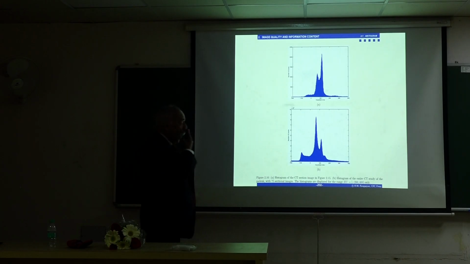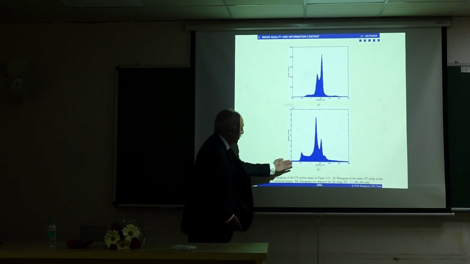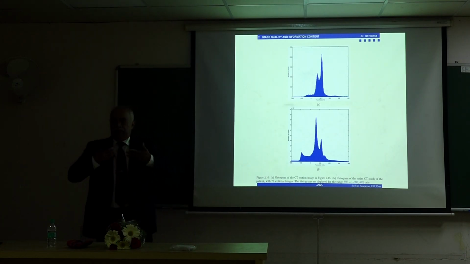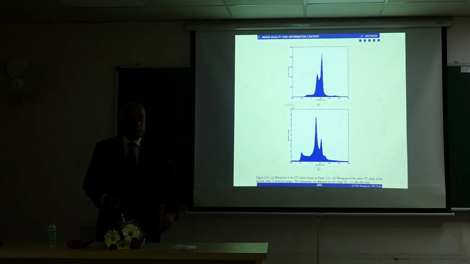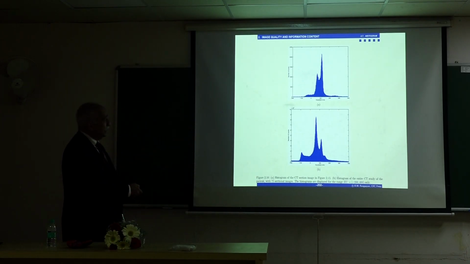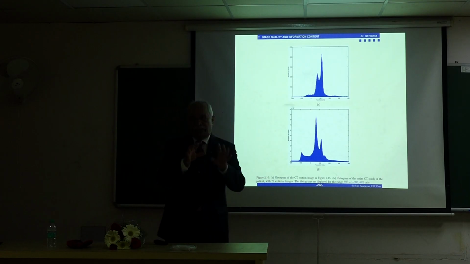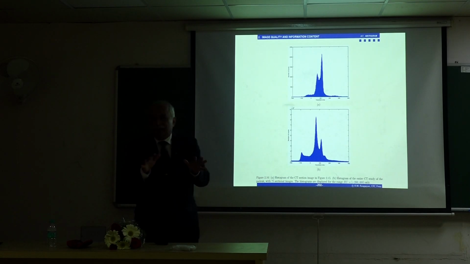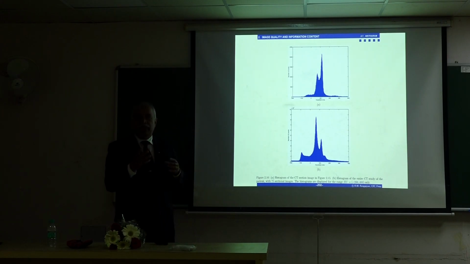Minus 100 will be fat and air combined. And it goes further down. If you have the chest portion, then there will be minus 800 maybe. So that's what this is, again a multimodal histogram. So when you have histograms like this, you have to design appropriate measures to characterize them. Mean and standard deviation will not work all the time. Skewness and kurtosis will be useful in many cases and maybe higher order moments.